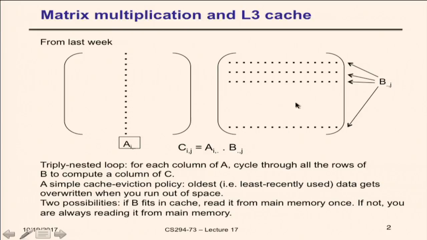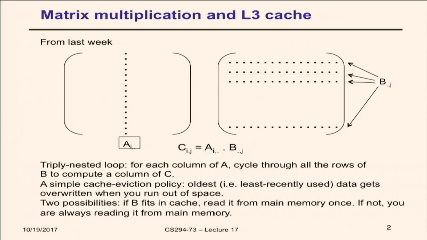All of these rows here were read after this row. B doesn't fit in cache anymore, so something from B had to be evicted, and it would have been this one. So it gets evicted, and you end up having to read it in again. And this just happens over and over again. For every row, you're reading it in over and over again.